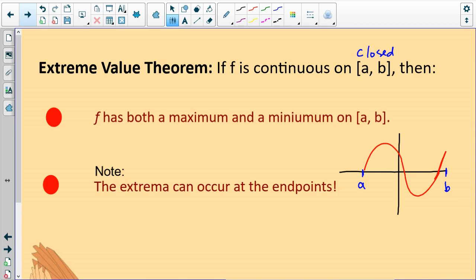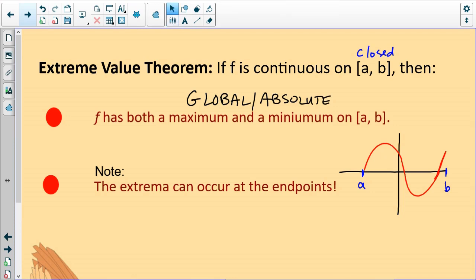What this is saying is that f has a global or absolute minimum and maximum on this interval from a to b. So basically there is a highest point and a lowest point on this function as long as this is continuous.